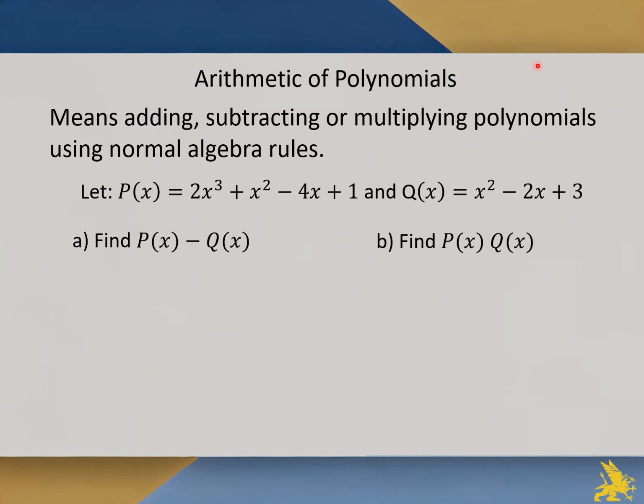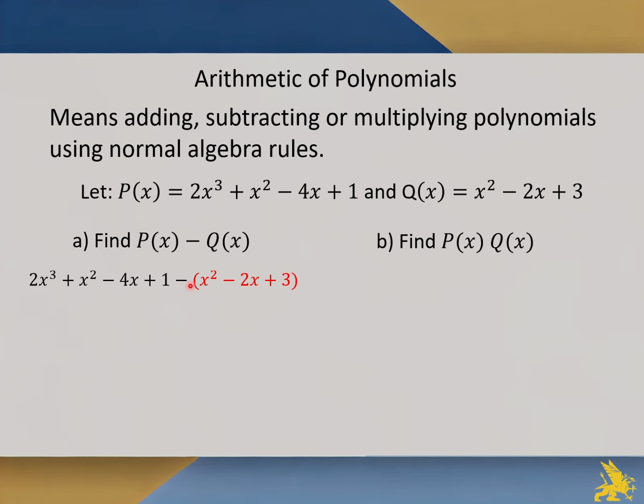This next part that we're going to look at is using our operations with polynomials. So this is where it does get a bit more complicated. Especially when we're doing takeaway, we need to be mindful of that. So if I've got p of x takeaway q of x, exactly what we've learnt before, but we need to also make sure that we really rewrite this, because this says take away x squared minus 2x plus 3.